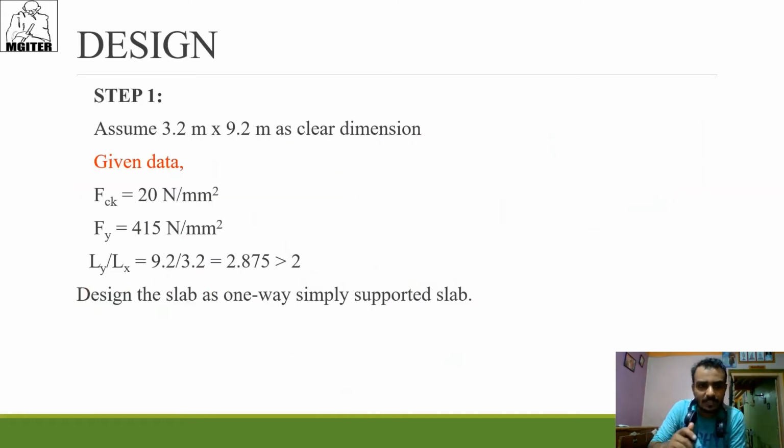So the first step is to assume 3.2 meter and 9.2 meter as the clear dimension. We assume this data. 3.2 by 9.2 is the given data. This is the size of the slab, the size of the room. We assume this is the clear dimension. Means what?